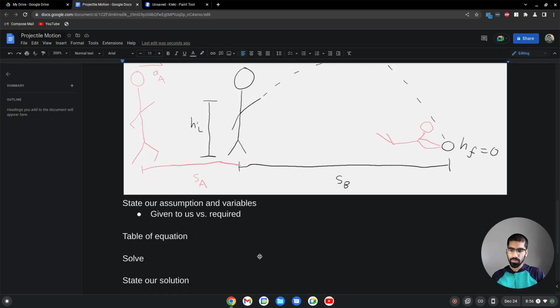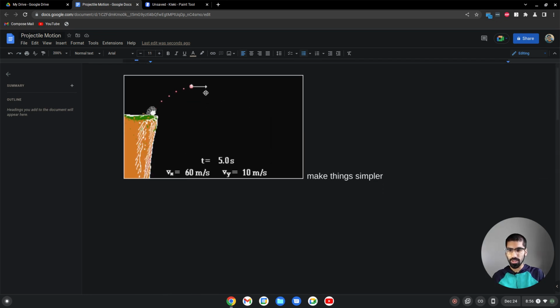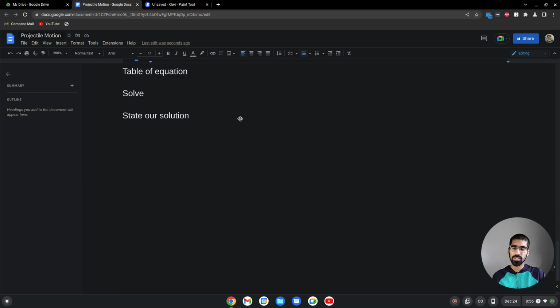Now we can state any assumptions and variables. I'm going to do the assumptions first. As ever, if we want to use kinematics equations, which we will, because that's the kind of motion we just saw here, in one direction velocity doesn't change, in the other direction there's constant acceleration.